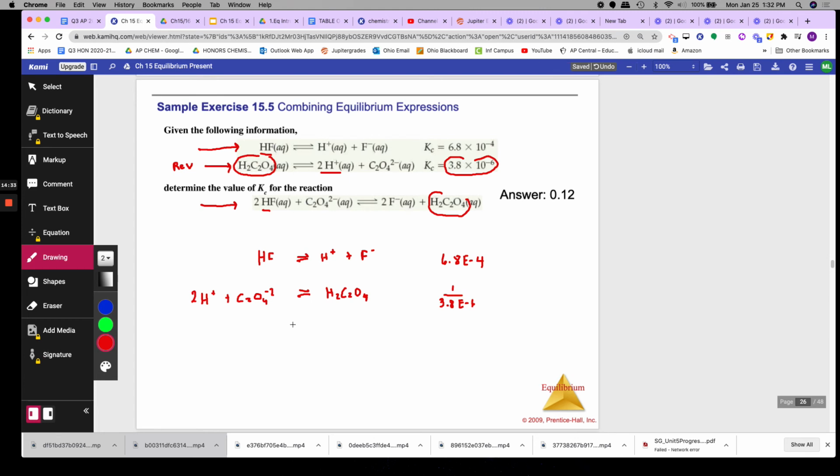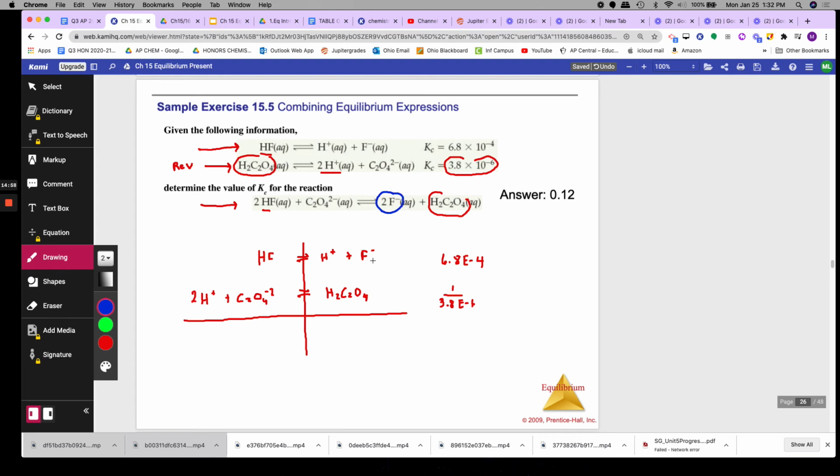Now, let's go ahead and add those together to see what I got. Okay, so I have HF on this side. Two H plus, it looks like I need double of this. Do you see that?